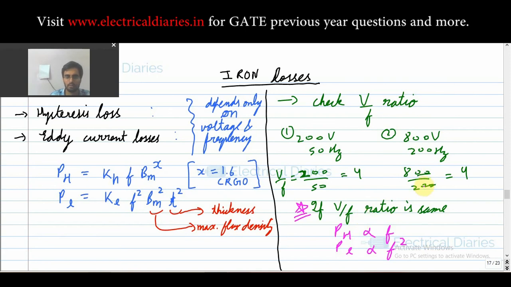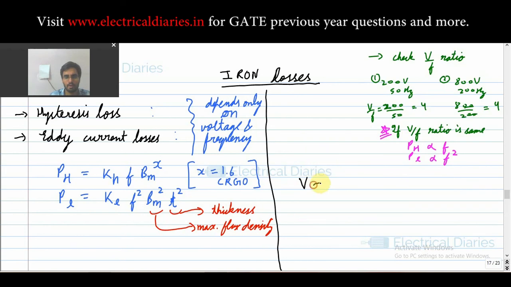I have told this in some video, I am telling it again here. I hope you have heard this formula in the case of a transformer, 4.44 f phi N. Here you can write this as 4.44 f B A N, where N is number of turns, f is frequency, B is magnetic flux density, and A is cross-sectional area.